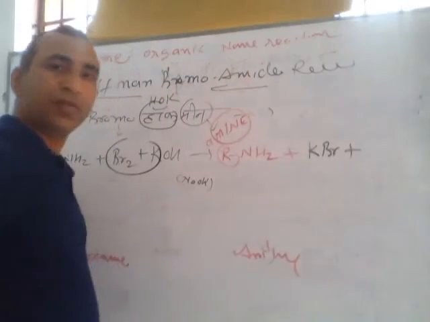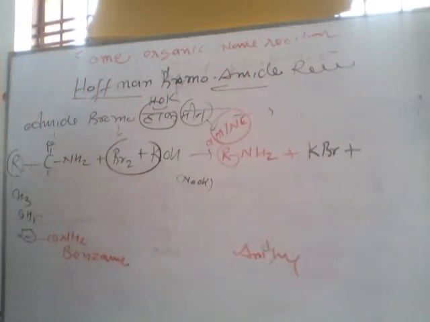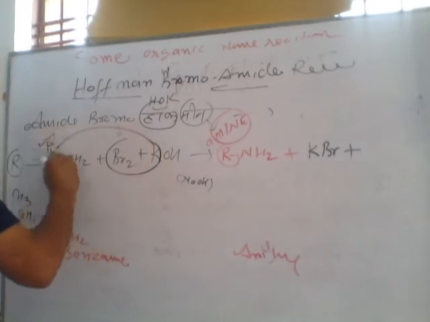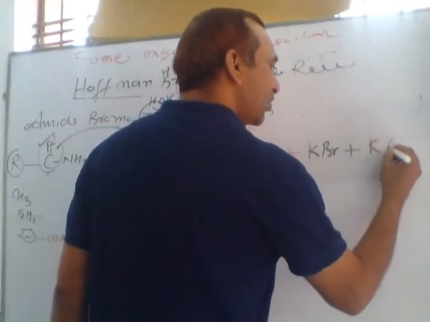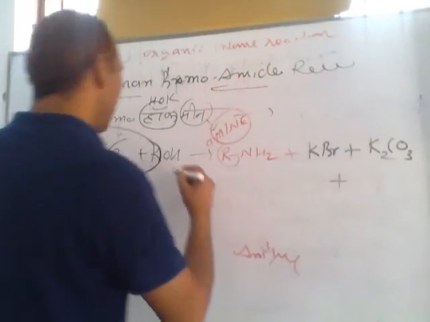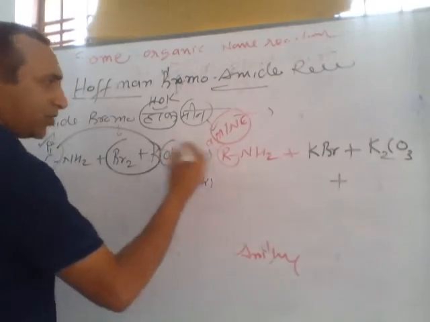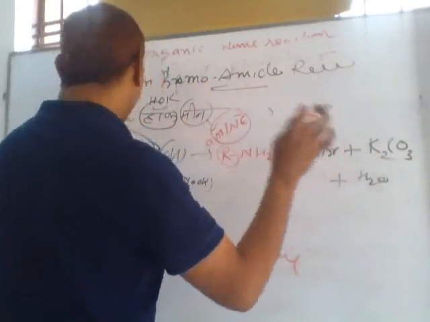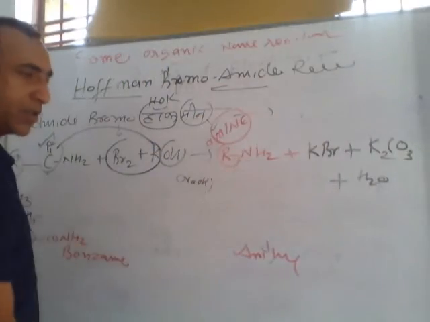KBr will be removed. KBr means potassium bromide, and this K also reacts with the CO group, forming potassium carbonate. Along with this, H and O react together and form a water molecule. So these are our side products, but the main product is this.